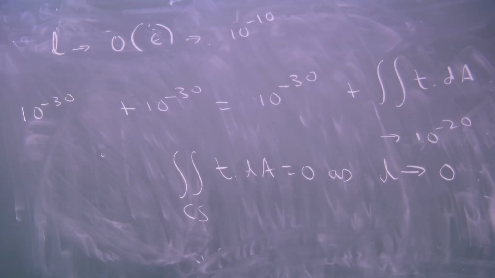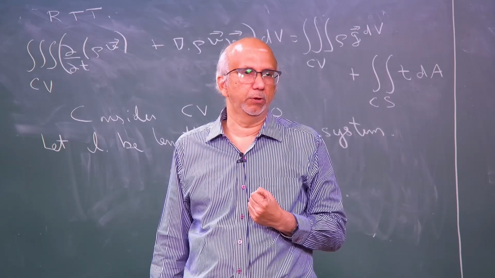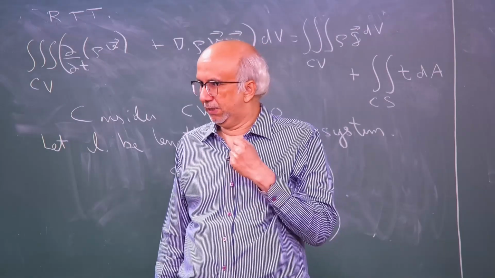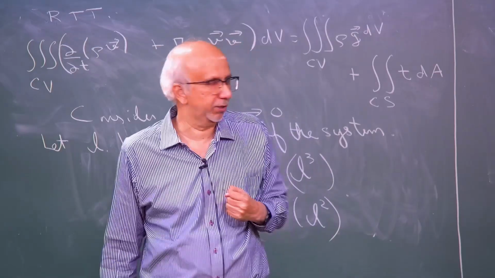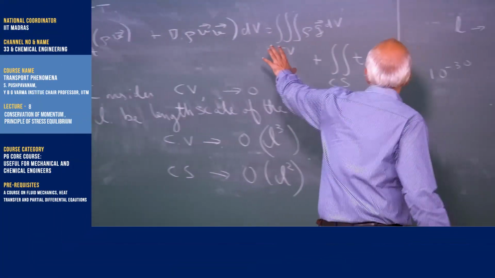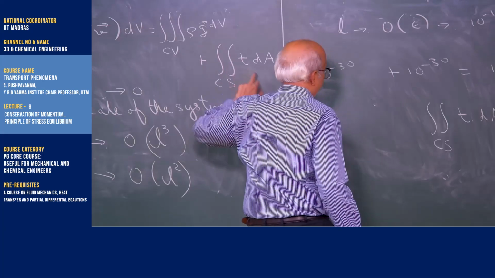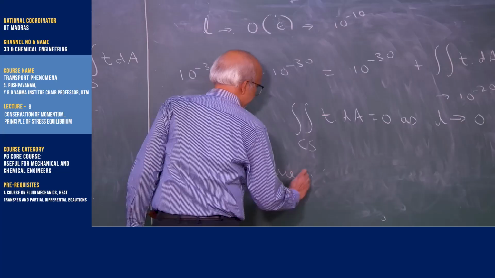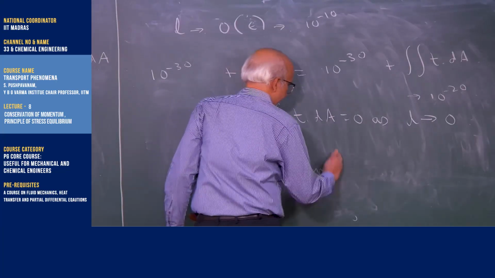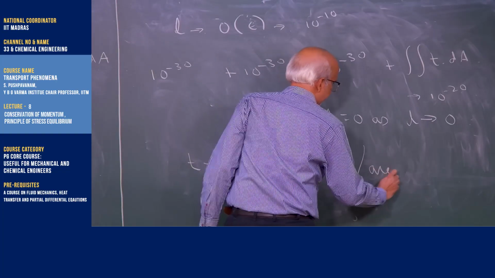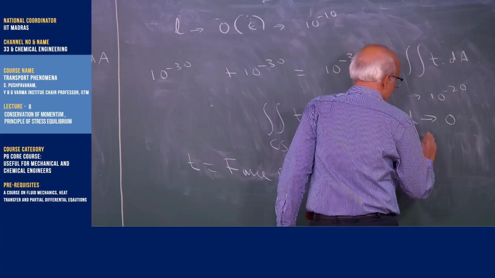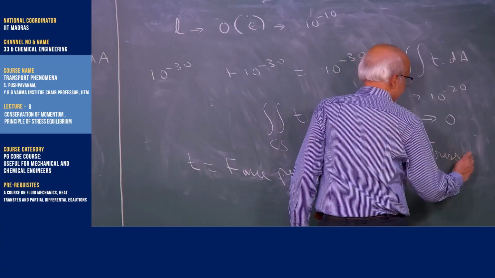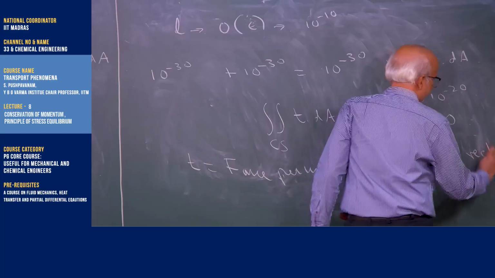So, what is T? T is the surface force per unit area. It is a force. This was a force balance which we wrote. This is a vector, so this is force per unit area, and I am going to call this the stress vector.